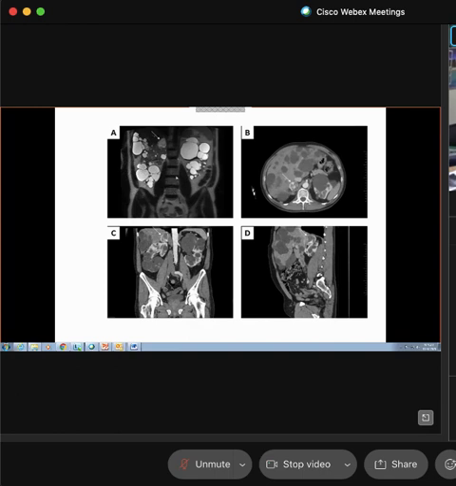So my next question is, which one is a more anterior slice, A or C?